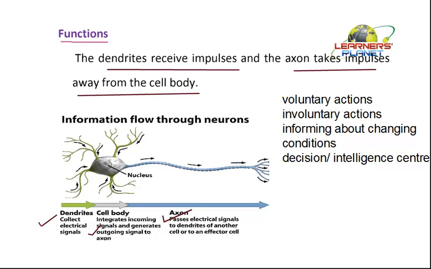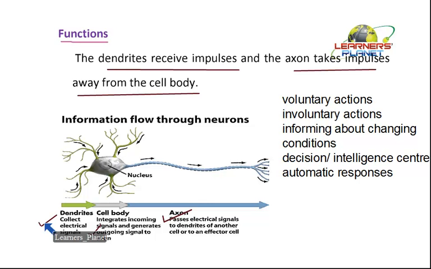Not only this much, it also helps in giving some automatic responses. And these automatic responses which are given by the body are known as reflex actions. Let us say you are moving around and some pin pricks your foot, what will happen?